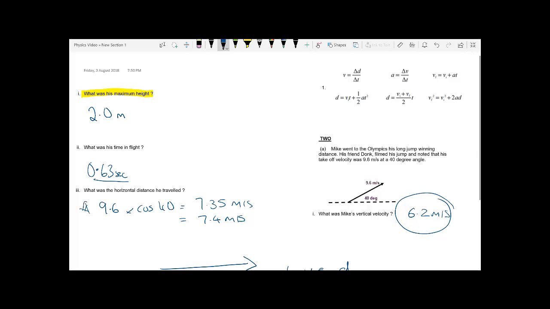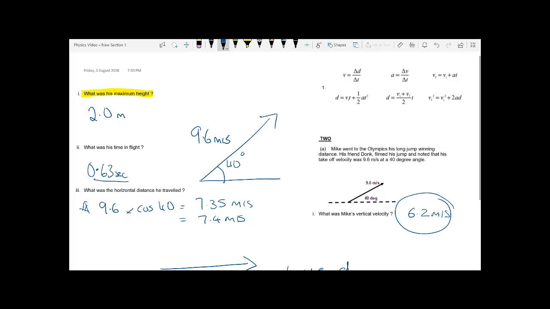I did it earlier, but if you recall, there was an initial velocity of 9.6 meters per second at an angle of 40 degrees.